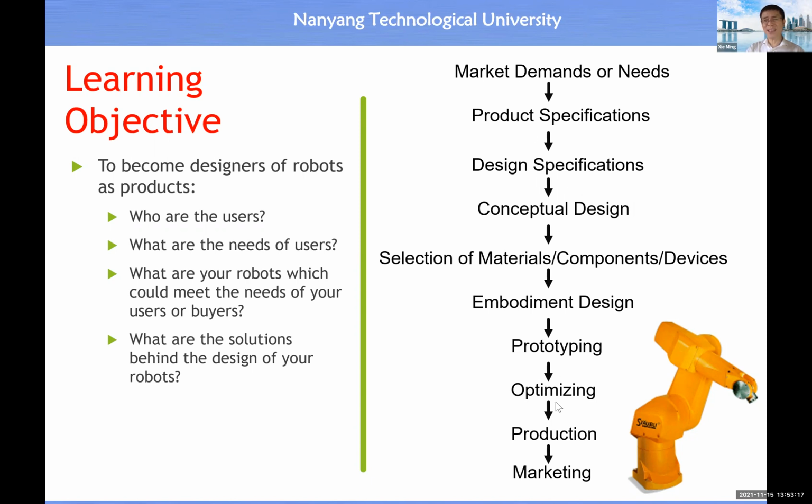By following this flow of thinking, you should be able to come up with the details, which will lead to prototyping and testing, optimization, and eventually mass production, and all the way to marketing and sales, etc.